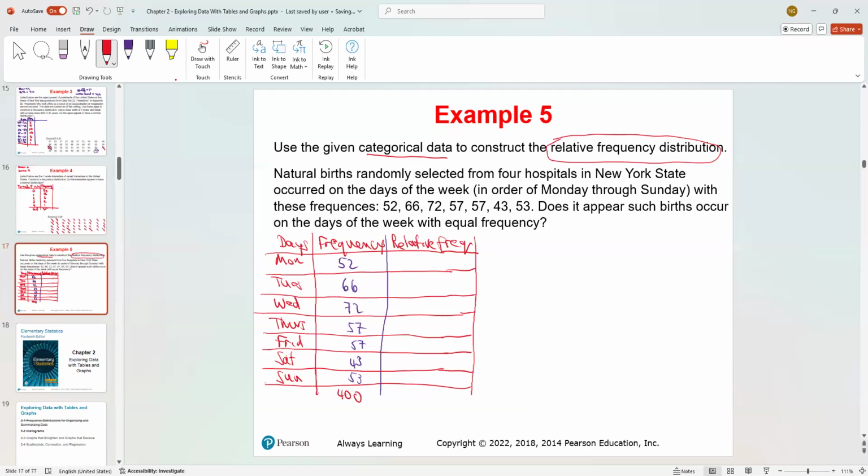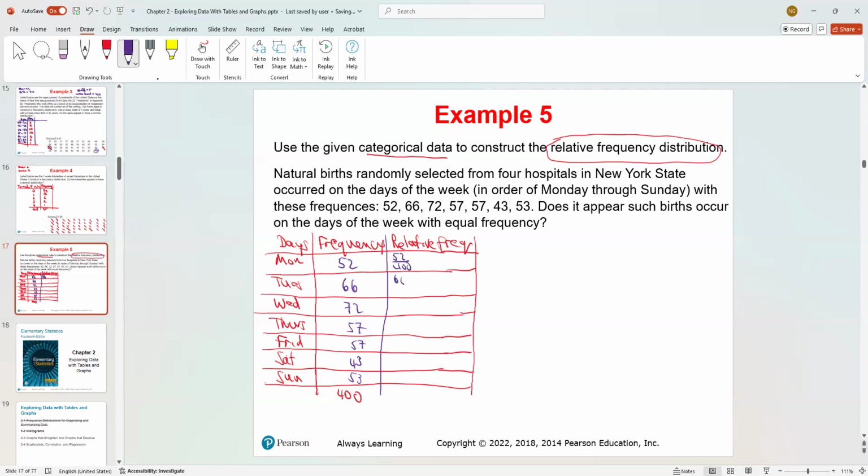Now, how to find the percentages? The same way I said at the beginning, if in the classroom there are 28 students, and 17 of these students identify themselves as female, the percentage of females in this class is 17 divided by 28. We can do the same. To find the percentage of births for Monday, you take the 52 and divide it by 400.